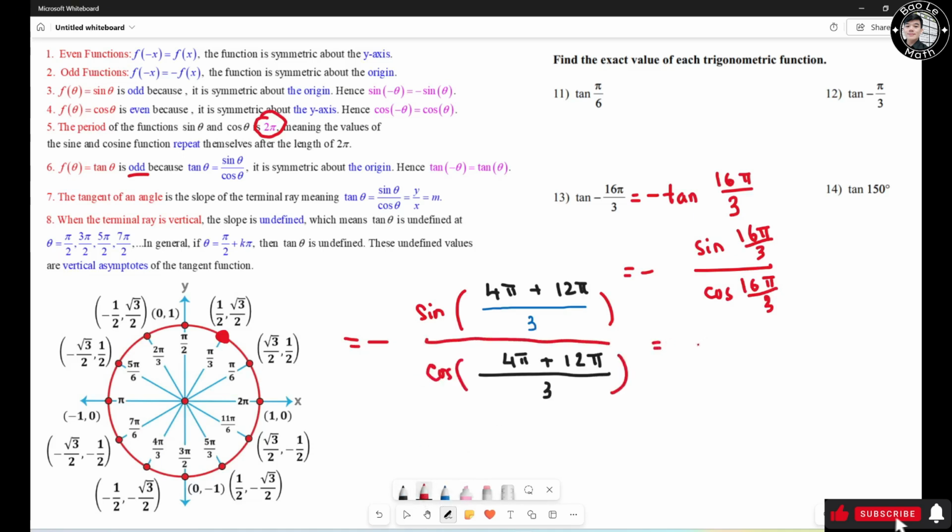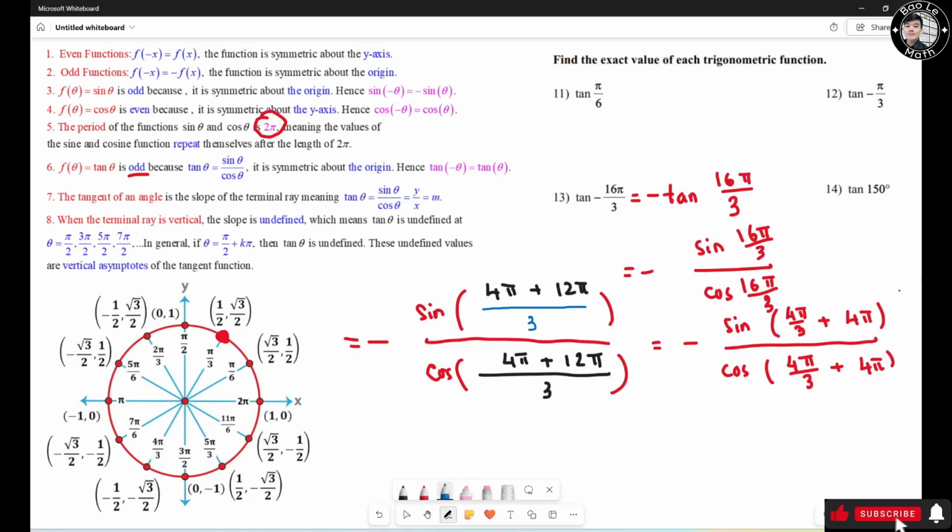Alright, so it's going to be negative sine of. Now I split this guy into two fractions. It's going to be 4 pi over 3 plus 12 pi over 3, right? 12 pi over 3 equals 4 pi, right? Now the bottom, cosine of 4 pi over 3 plus 12 pi over 3, which is 4 pi, right?